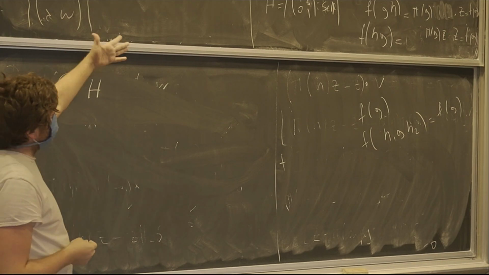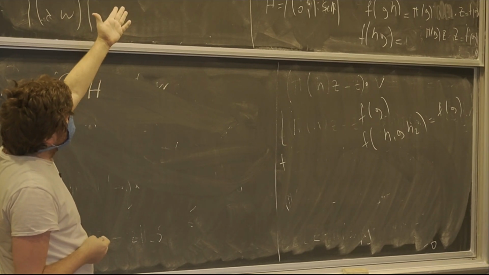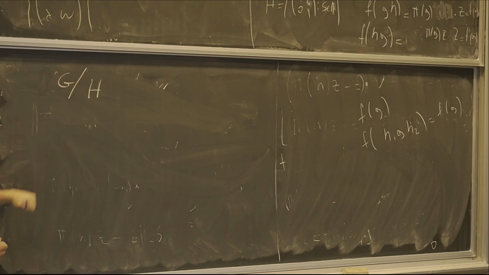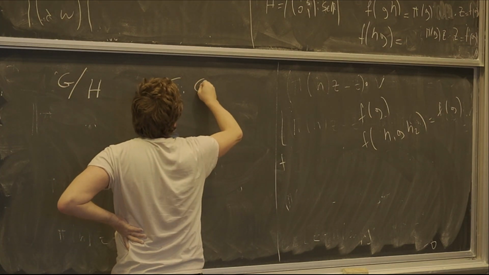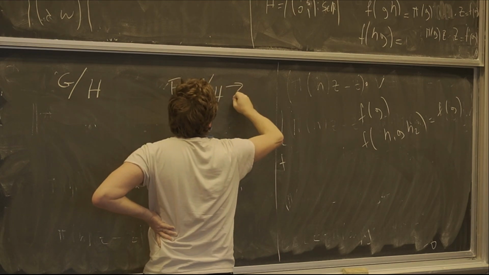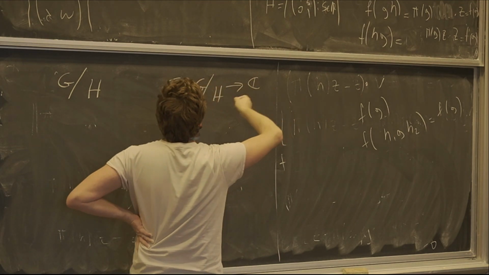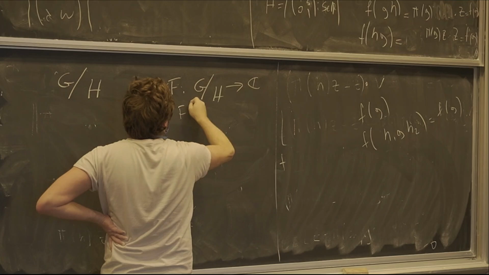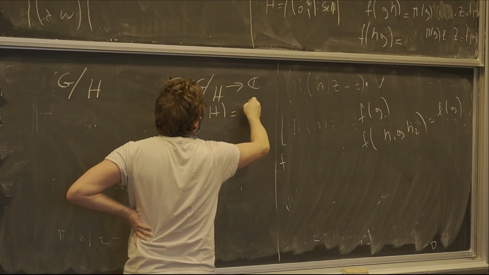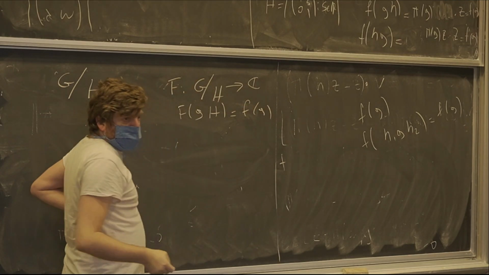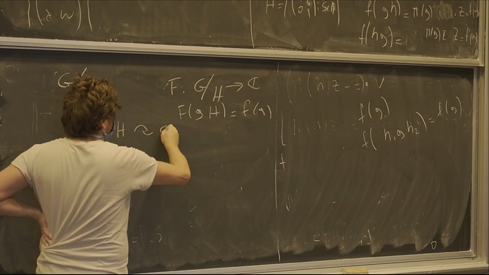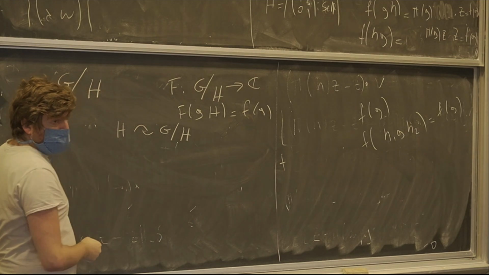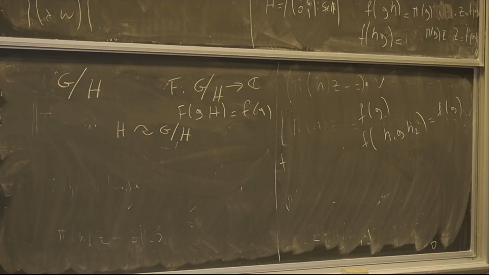It's a two-dimensional quotient because SL2 is a three-dimensional space, H is one-dimensional, so this is two-dimensional. And certainly f defines a good function, complex, real, doesn't matter, by f of g times h, and this is well defined. And then I have the H action from the left still on this guy.